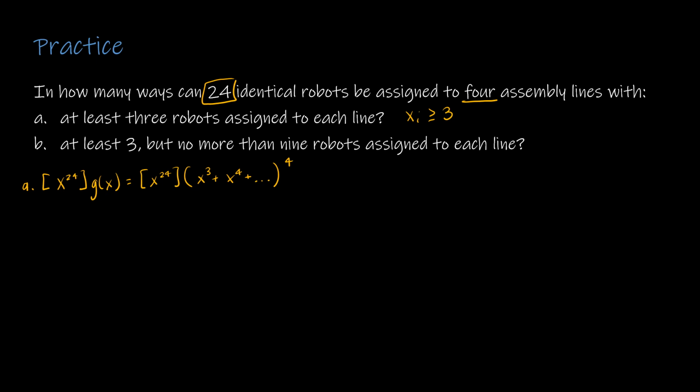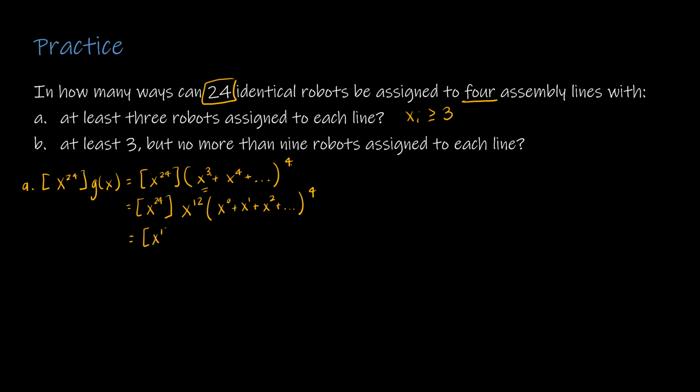Now, just as I did before, I want to factor out so that I have x to the 0 here. So I'm going to take out 3, but 4 times. So x to the 12th, and that leaves me with x to the 0 plus x to the 1st, and so on, still to the 4th power. I'm going to subtract 24 minus 12.